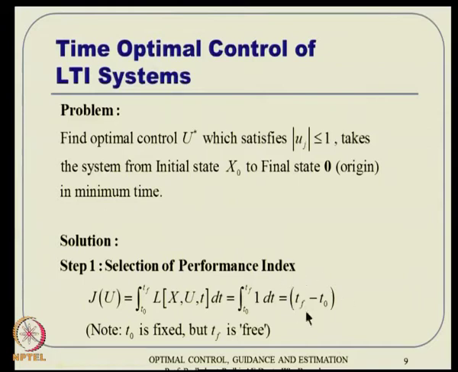This is the quantity that needs to be minimized. Also remember that T0 is fixed, but Tf needs to be free here, because if Tf is also fixed there is nothing to minimize; Tf minus T0 also becomes a constant number. So by default Tf happens to be a free variable here.